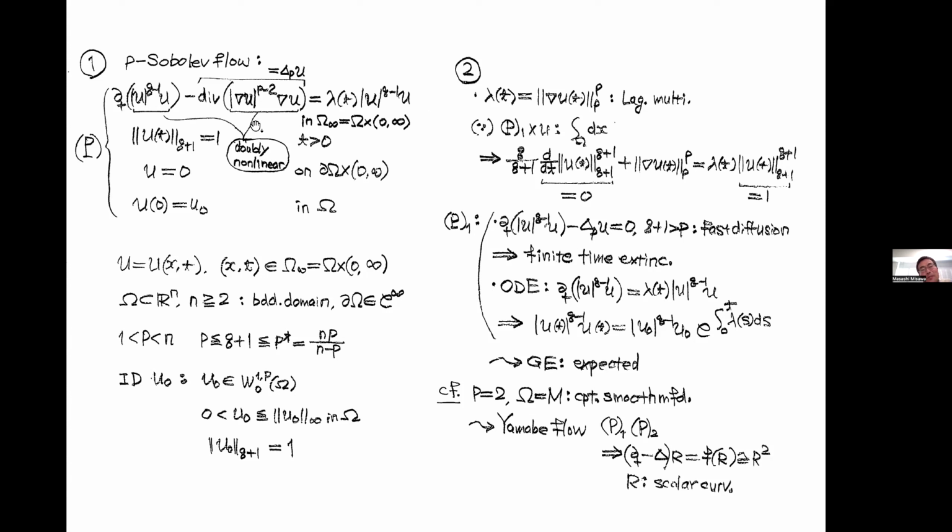But would you expect the same phenomena as you described there, if you replace the power by an exponential? The critical case, of course. Yes.